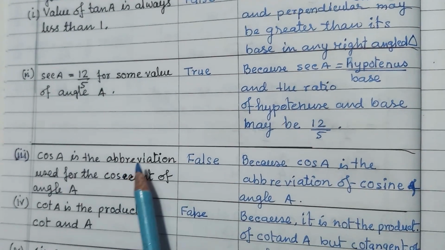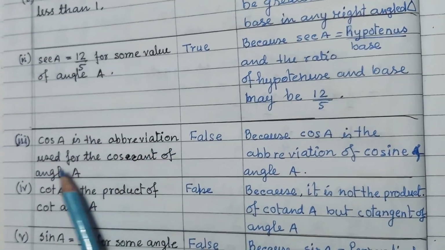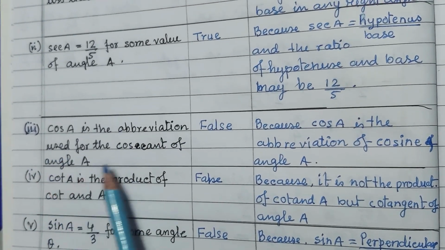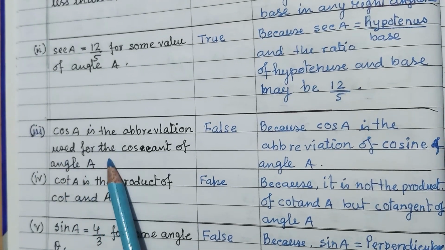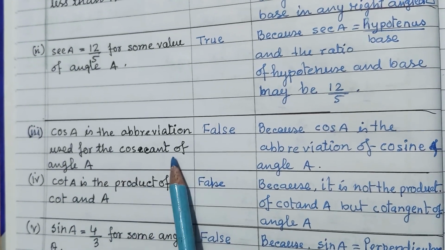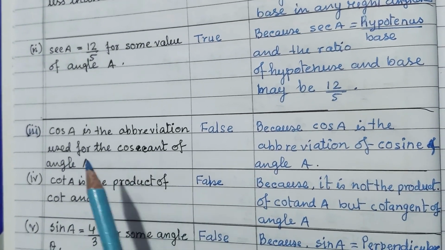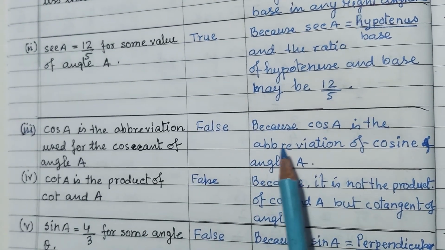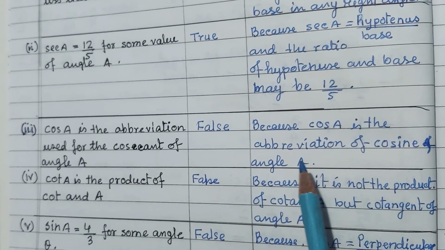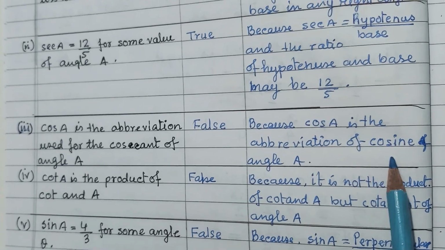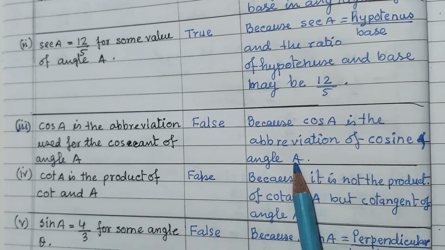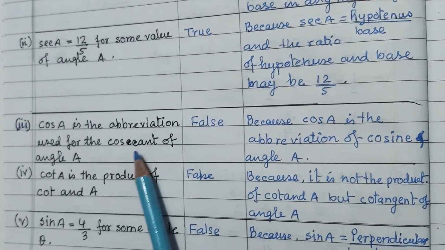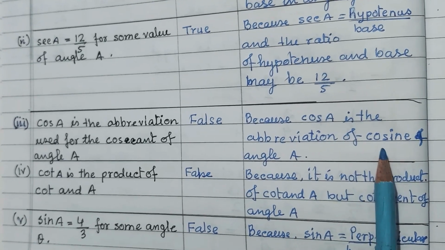Cos A is the abbreviation used for the cosecant of angle A. It is false because cos A is the abbreviation of cosine of angle A, not cosecant.